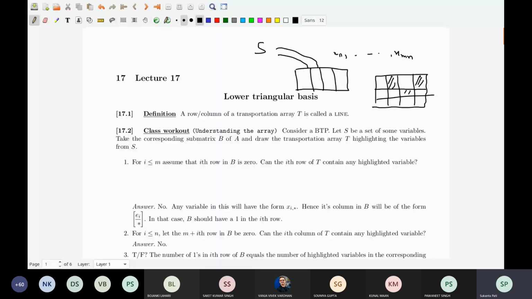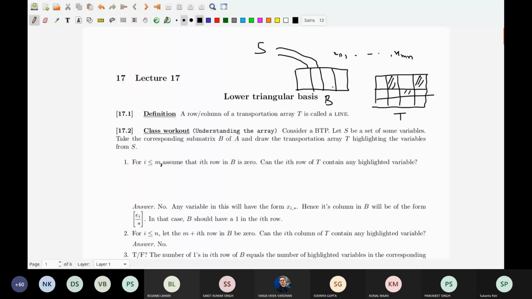Now suppose that for i less than or equal to m, I am trying to ask a question. Assume that the ith row of B is 0. Now, T is the transportation array, and B is the submatrix of A. Can the ith row of T contain any highlighted variable?